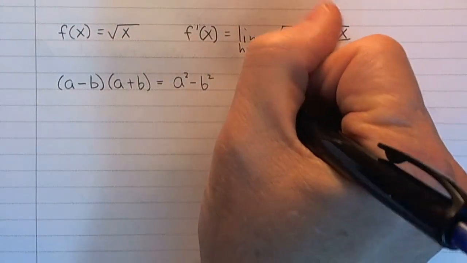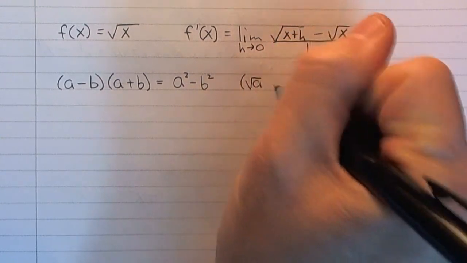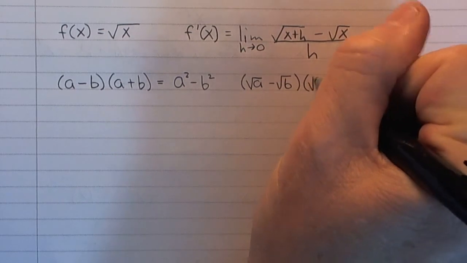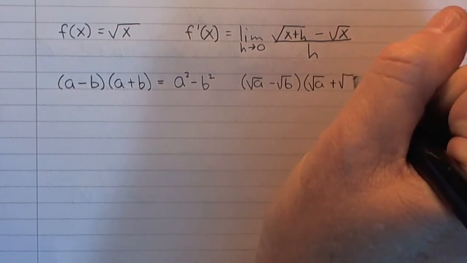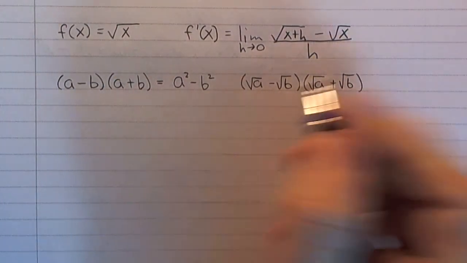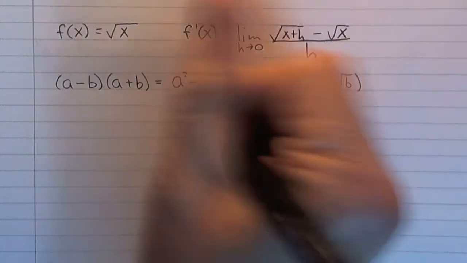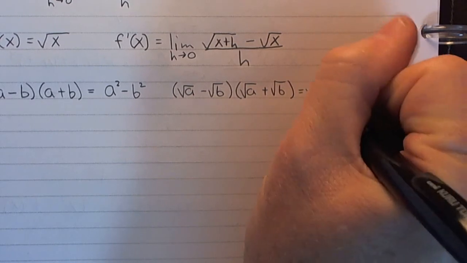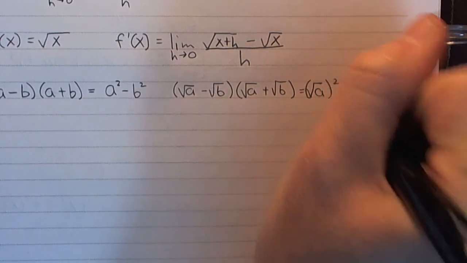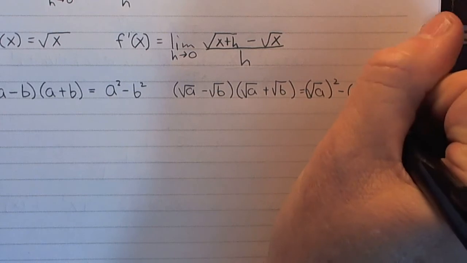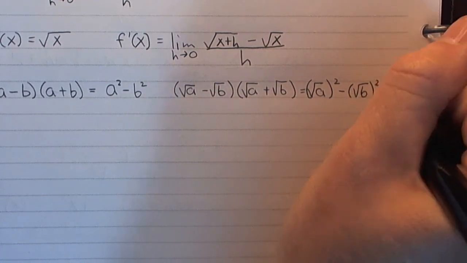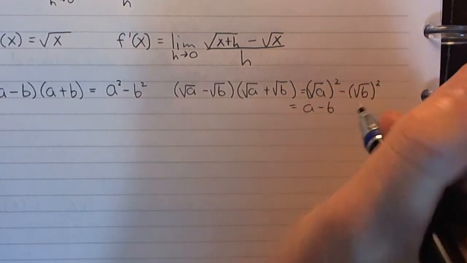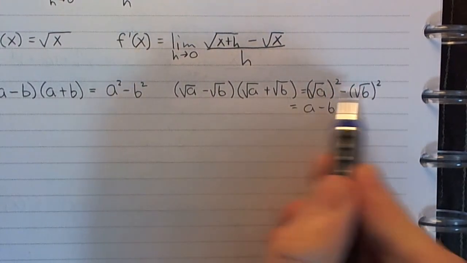Well, if we have the square root of a minus the square root of b times the square root of a plus the square root of b, well, we get, just like up here, the first term squared minus the second. But in this case, we're squaring a square root. So what that's going to give us is a minus b. Now notice the radical is completely gone.